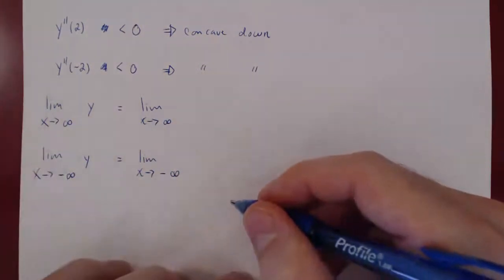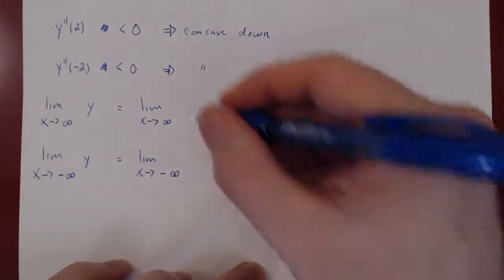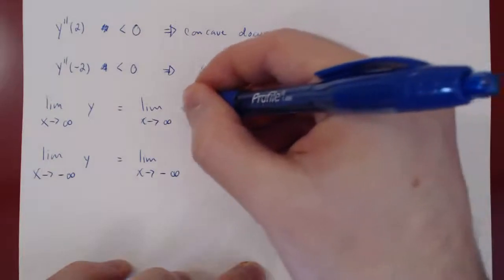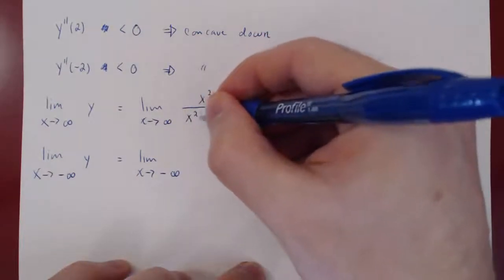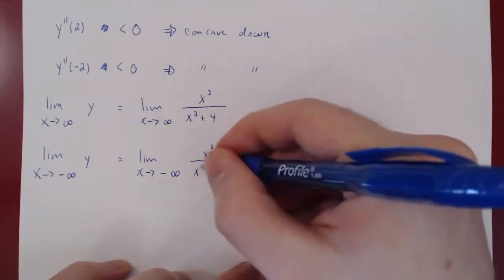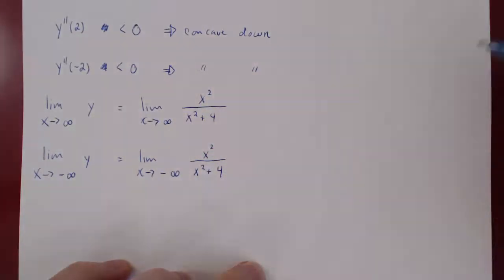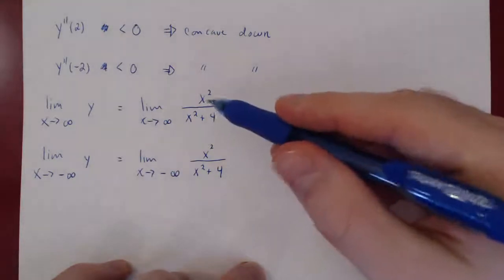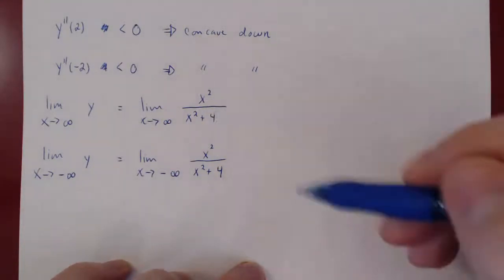Well, our function was x squared over x squared plus 4. And in both cases, because we are squaring, we will have a positive over positive infinity.